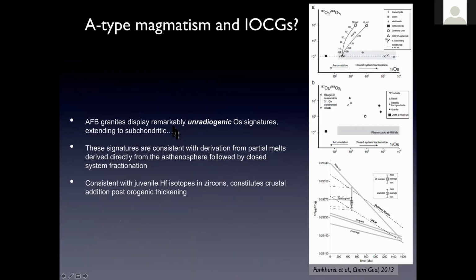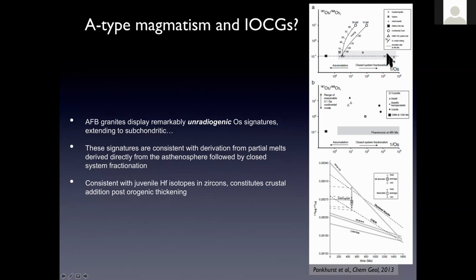So first of all, to the Adelaide Fold Belt granites, again, I was very surprised. These were incredibly unradiogenic in terms of osmium, and they even went to subchondritic osmium isotopes. If we look at this panel up here, this is the initial age-corrected osmium isotopic signature for the rocks in question. These are the Adelaide Fold Belt granites, and regardless of concentration, even at excruciatingly low concentrations out here, they show no signs of crustal contamination or modification.